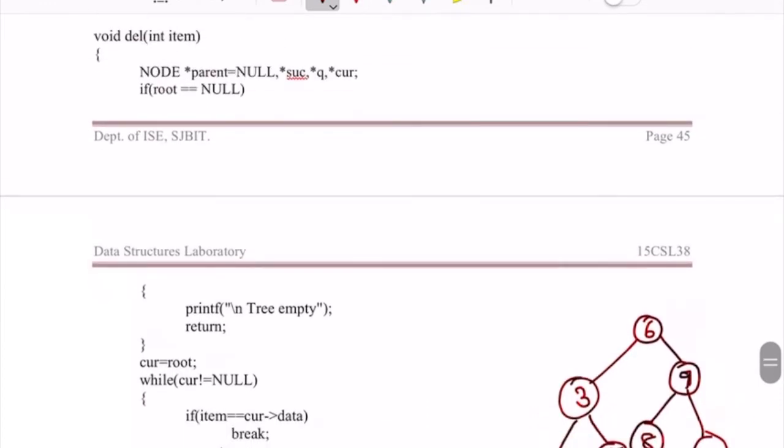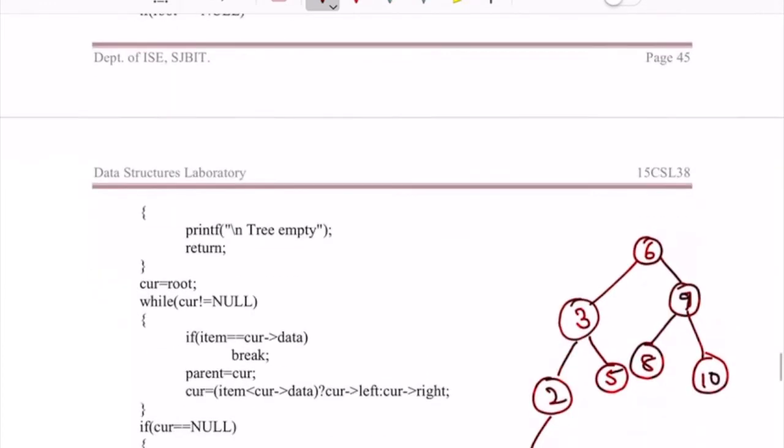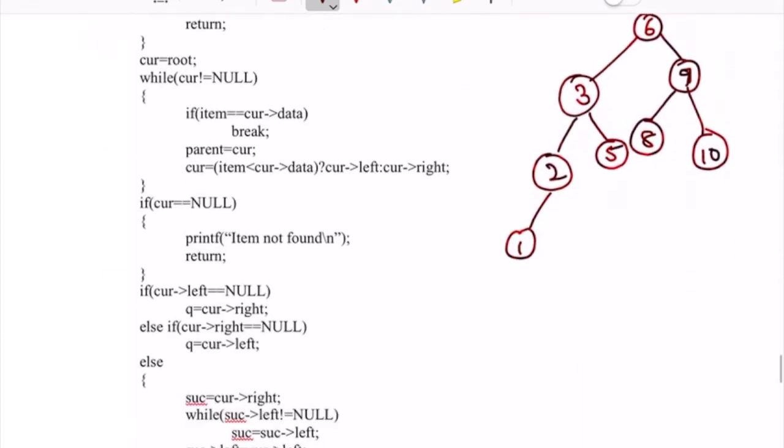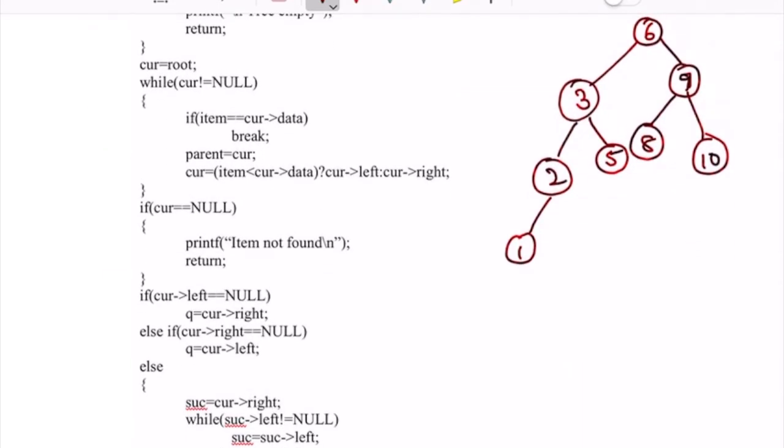Before we go into the tracing of the function, let us understand the logic that it follows. Let us say this is your binary tree. If I delete any of the leaf nodes which do not have any child nodes, like 1, 5, 8 or 10, there are no other changes that need to be done.